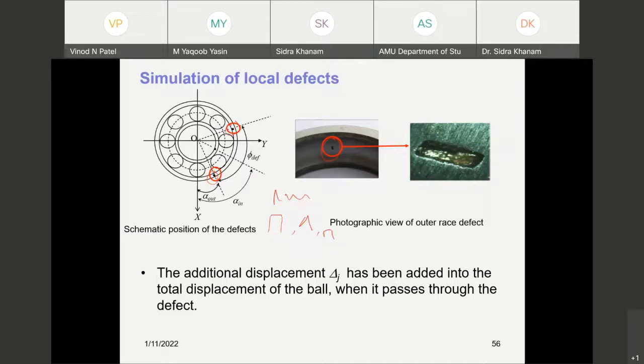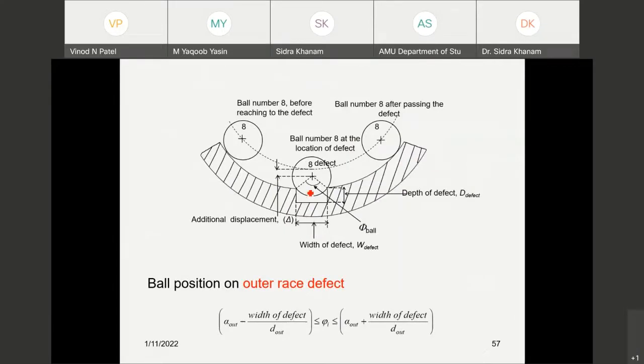Here we have considered that when the ball comes into contact with the particular defect, some additional deformation will be generated. That additional deformation can be calculated based on the geometry of the bearing, ball size and ball positions, and as the ball starts to come in contact with the defect from this point to this point, the deformation also changes.